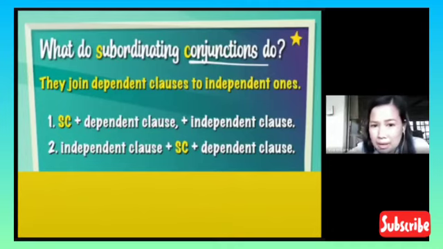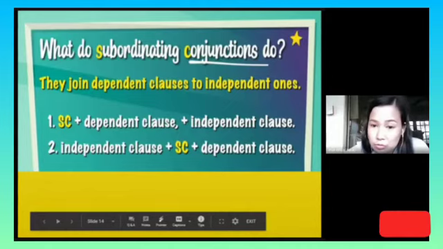It's a little complicated topic kasi in order to understand the subordinating conjunctions, you have to understand the difference between an independent and dependent clause. Yan ang focus natin today. Kasi ang function ng subordinating conjunctions ay they unite or join independent and dependent clause.